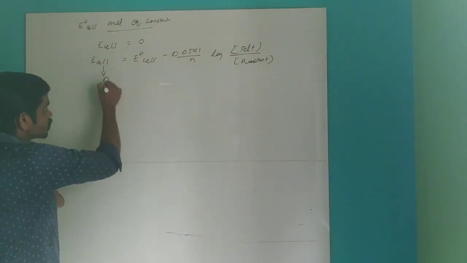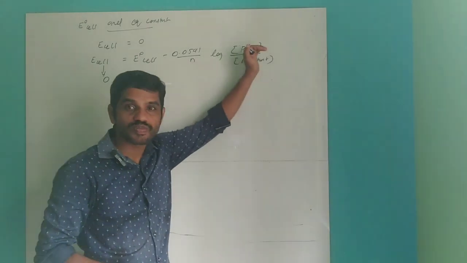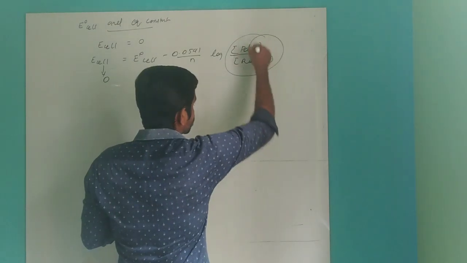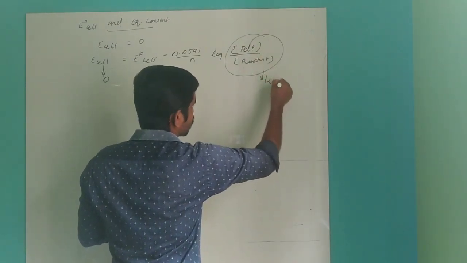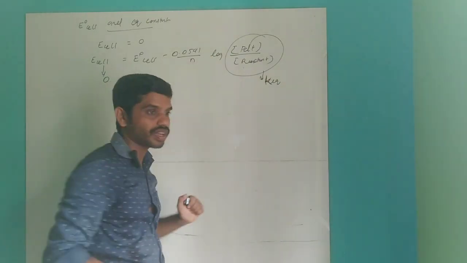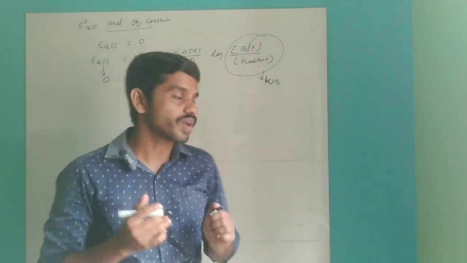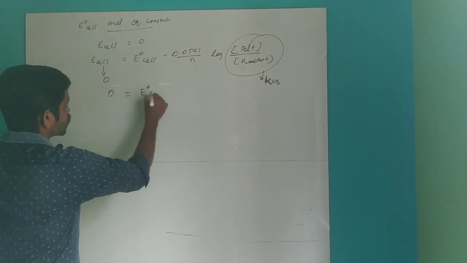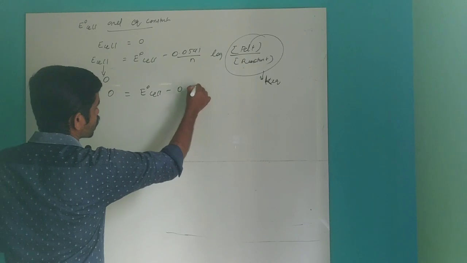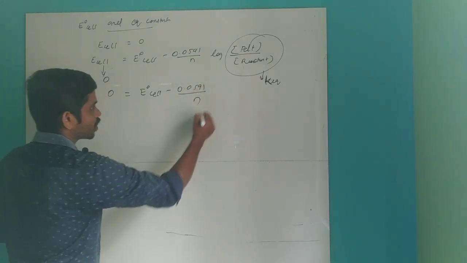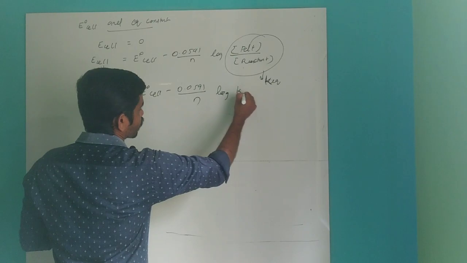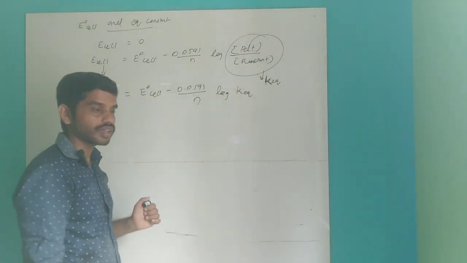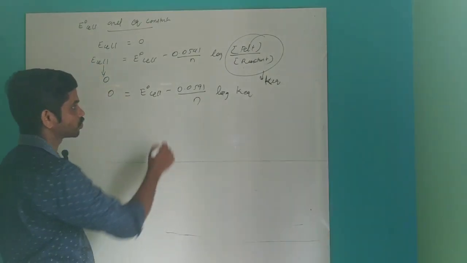E cell becomes 0, and the concentration of product by concentration of reactant becomes the equilibrium constant, K equilibrium, because at that time the rate of forward reaction is equal to the rate of backward reaction. So 0 is equal to E0 cell minus 0.0591 by n log of K, the equilibrium constant.